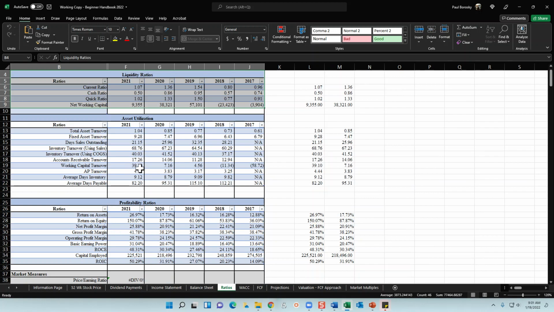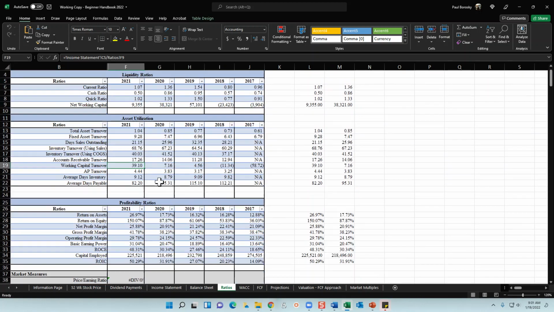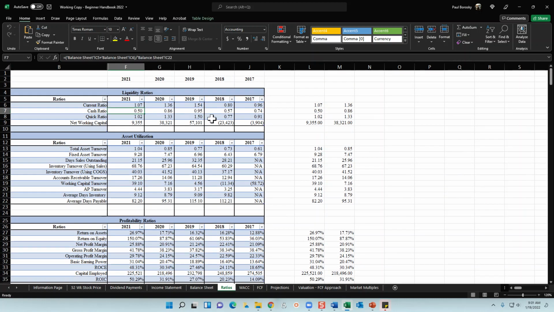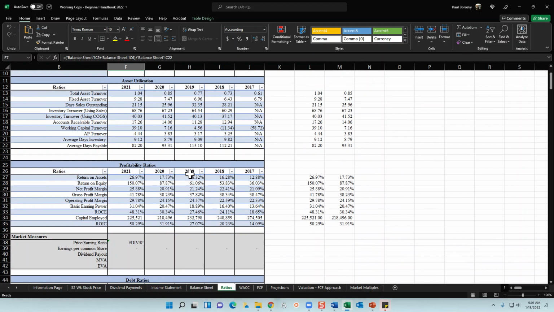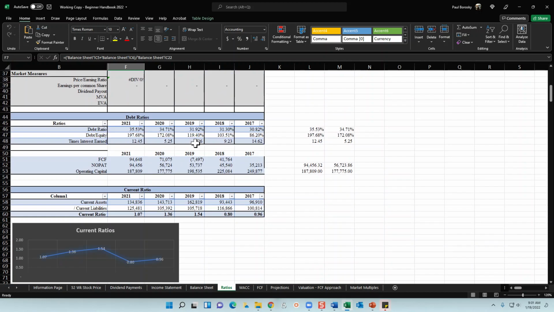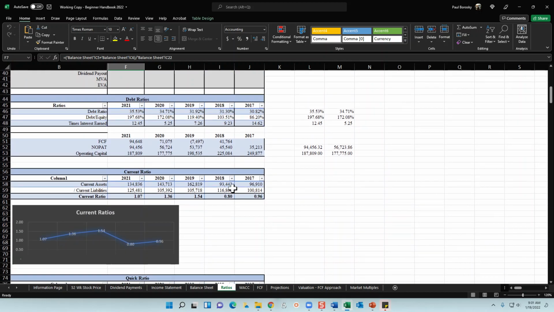And then finally, the financial ratios. Here are the financial ratios that I use. Each one of these is going to have calculations in it, and the calculations are already here. Once the calculations are done, each financial ratio is again populated. And this is the information that I use to write up my report.